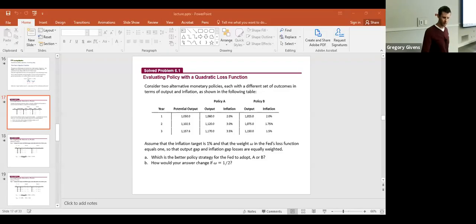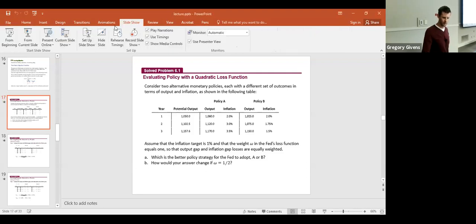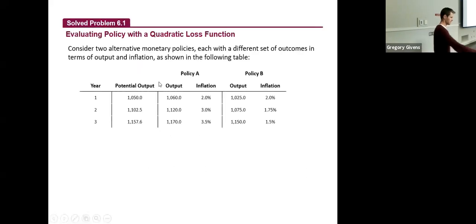The first thing I want to do right off the top is work through this practice exercise together that will test your understanding of what we covered in the last class.